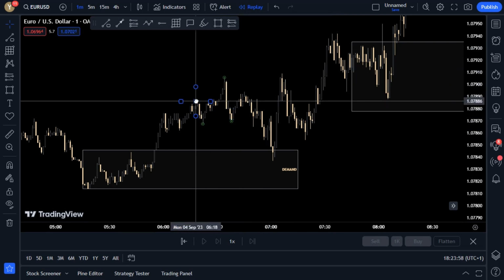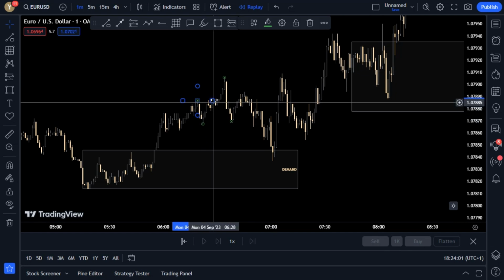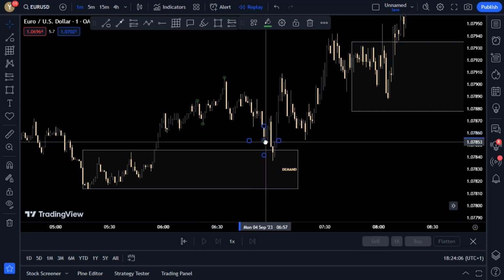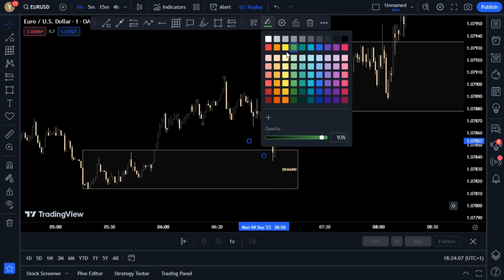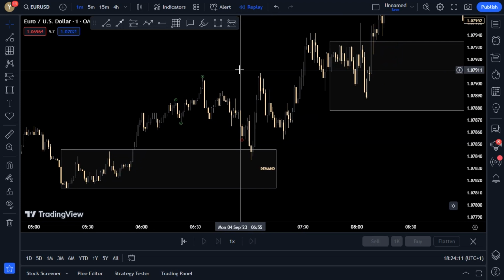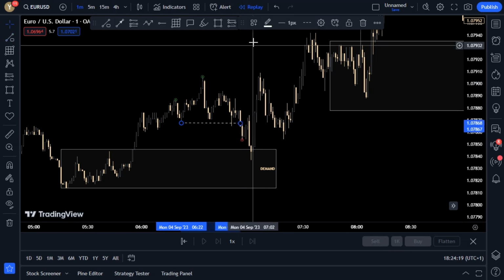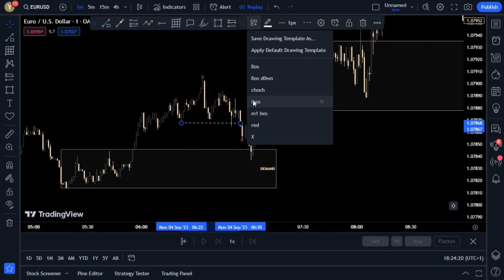Just these three points: the break of structure, the protected swing, the freezy swing, and how the protected swing was taken. So I can now boldly say this. It's like the red, because this was now the break of structure. And this is just weak, so it wasn't a break of structure in my book. I'm going to change this to M1 BOS.